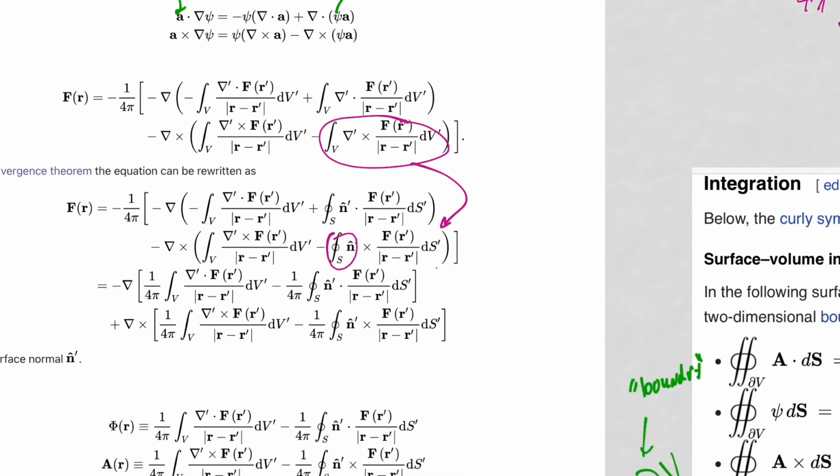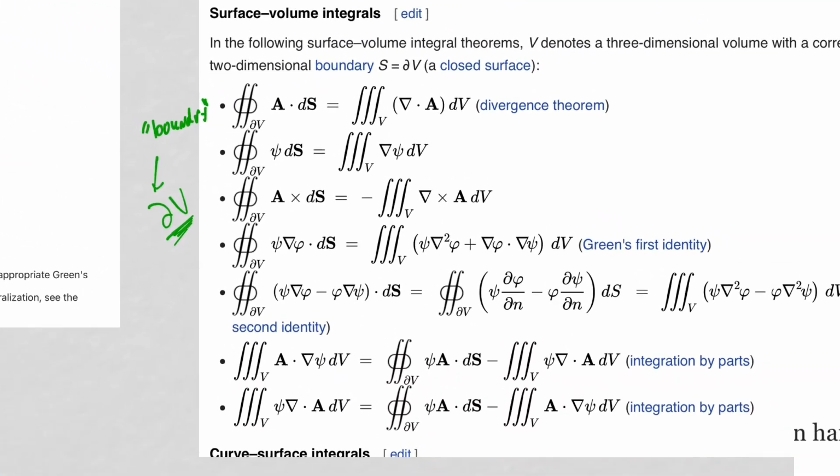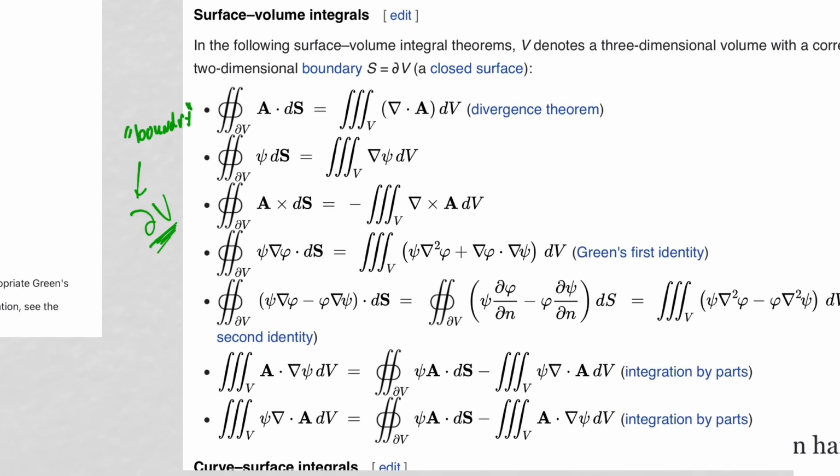Now, if those are a little unfamiliar to you, or if you've forgotten them, you go to Wikipedia and check it out. Here we have a vector field dotted into a surface normal over a boundary. Well, that's equal to the volume integral of the divergence of the vector field over the volume. And here they have three integral signs over a volume.